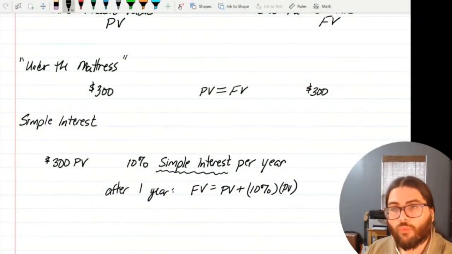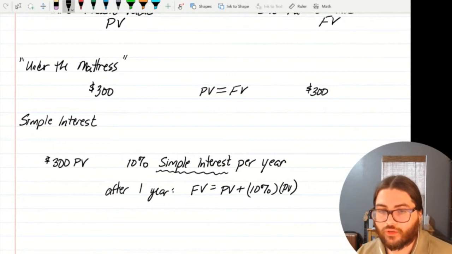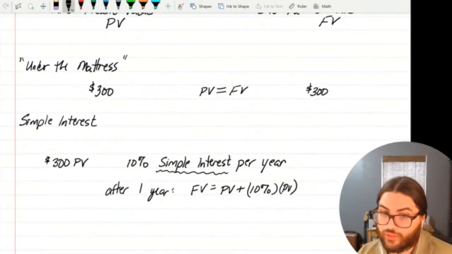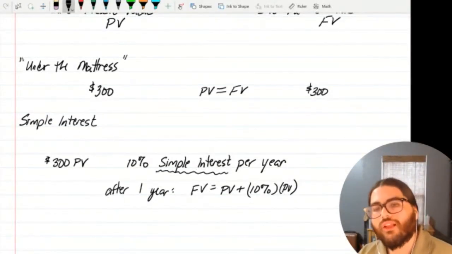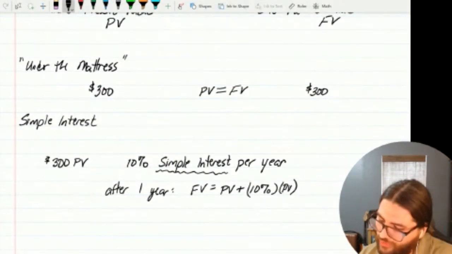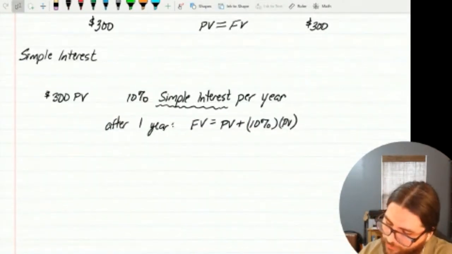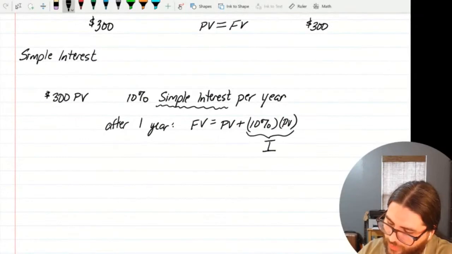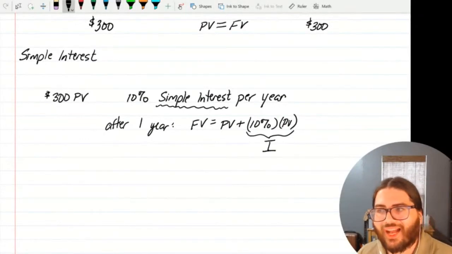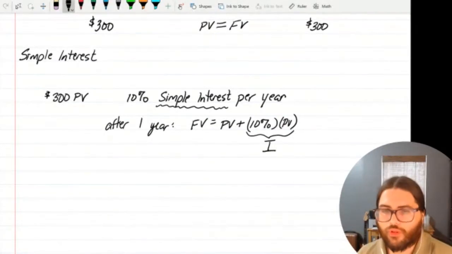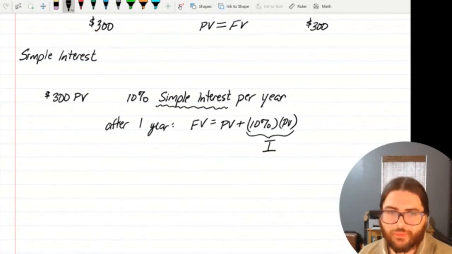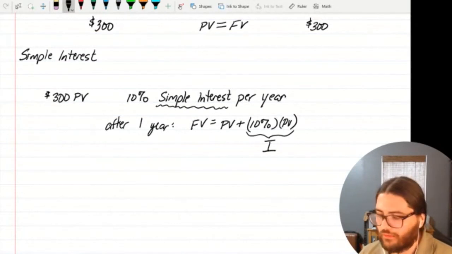The way you can think about that is that at the end of the year, I have the money that I started with, that's the present value, plus an additional 10% of what I started with. This is the interest amount. Sometimes the formulas will use a big I to put on this, right? A big I and big P and big A, right?